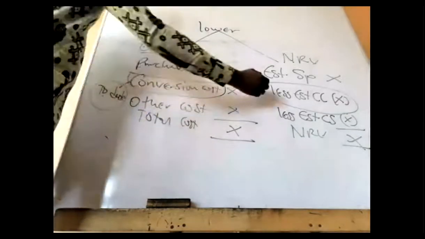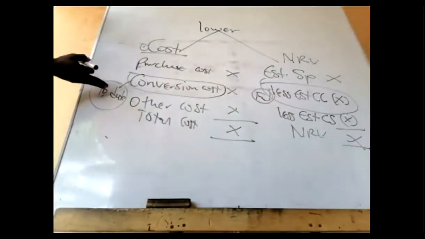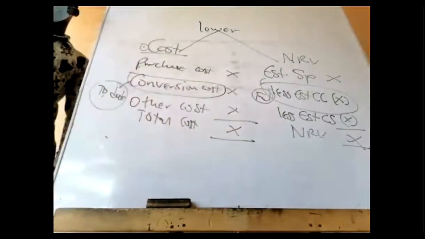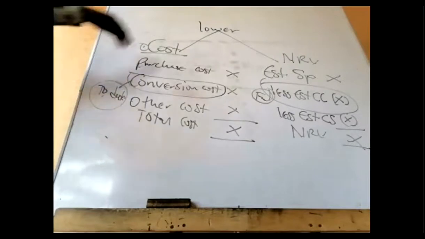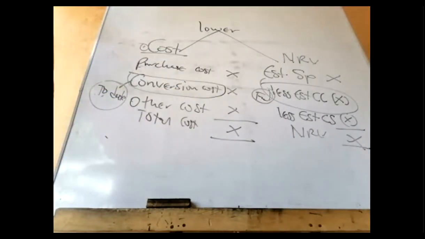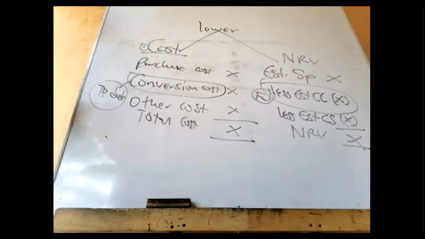But the cost to complete is a future cost. It has not been incurred at all. This has been paid for. This has not been paid for. How do you get it? This is in future. If I should study today, how much would be the spraying cost or modifying the product?